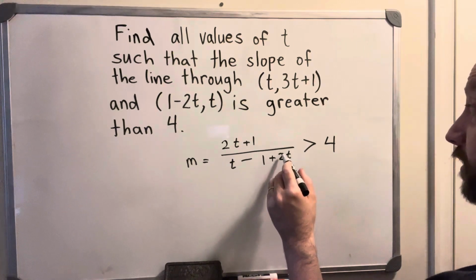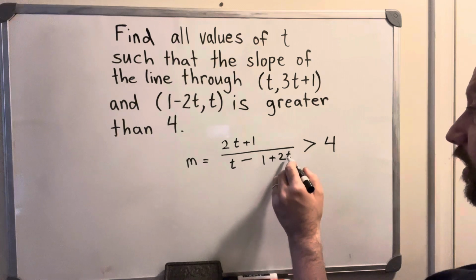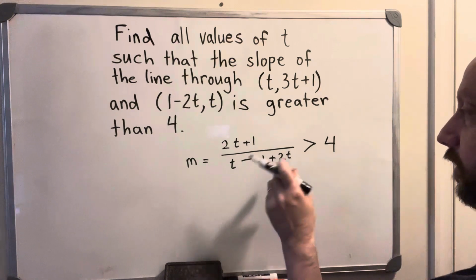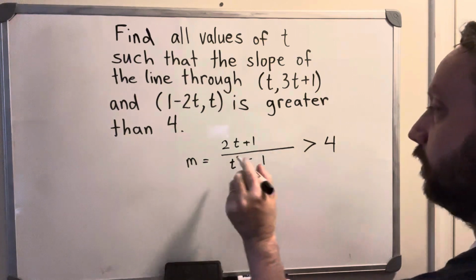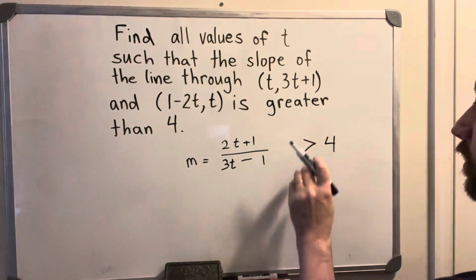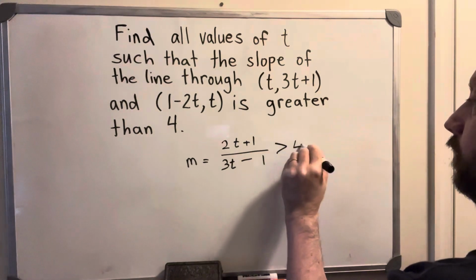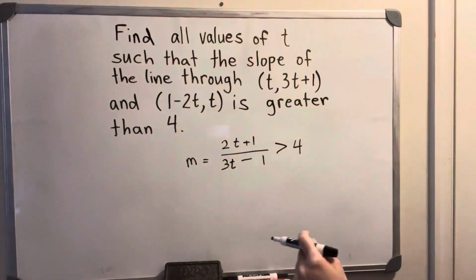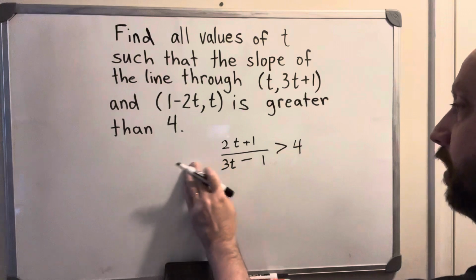We group the like terms. We got a t here and a 2t. They combine to be a 3t. We can put that over here. Now I'm going to move this over. Is greater than 4.